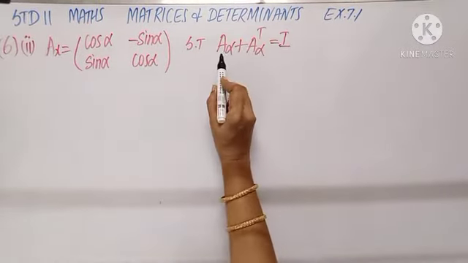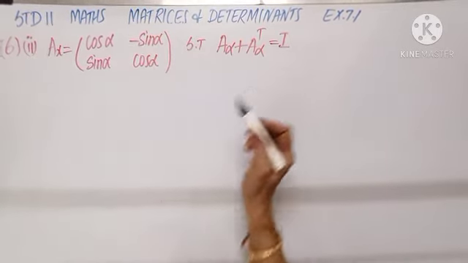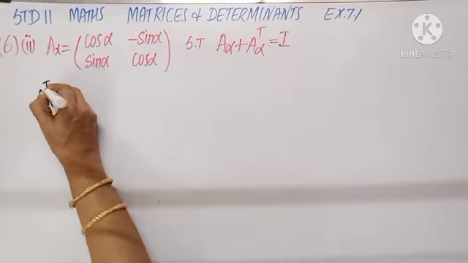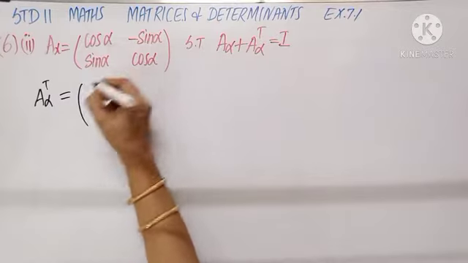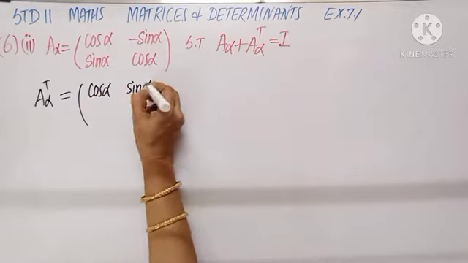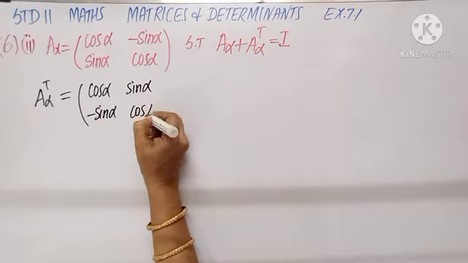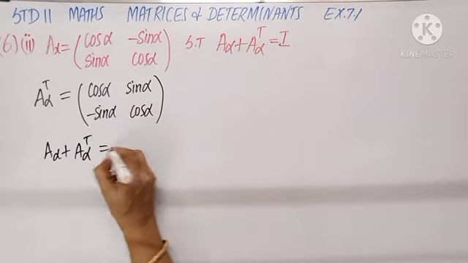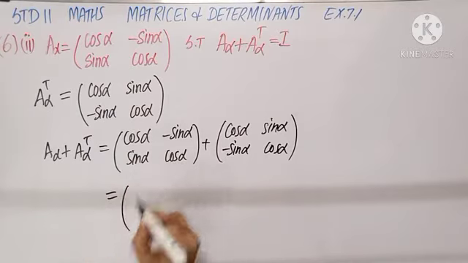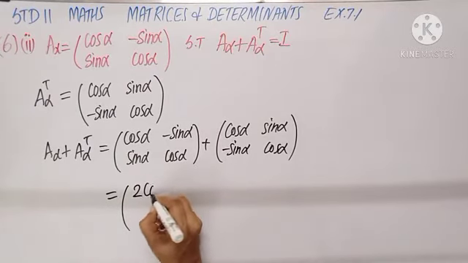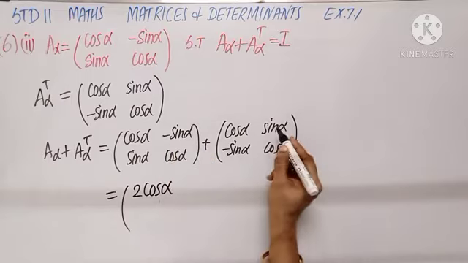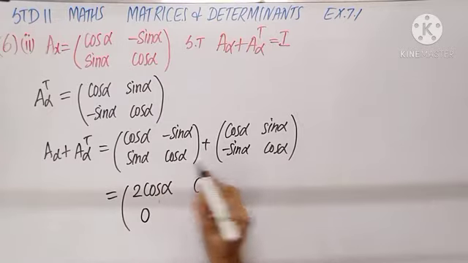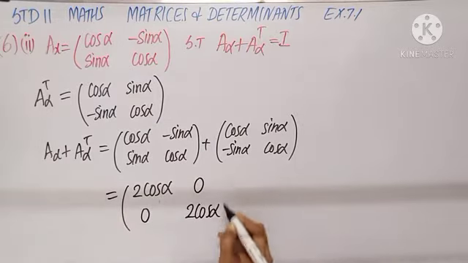Second subdivision: show that A alpha plus A alpha transpose equals I. Let us write A alpha transpose. It is interchanging rows and columns: [cos alpha, sin alpha; minus sin alpha, cos alpha]. As we add, A alpha plus A alpha transpose is cos alpha plus cos alpha, 2 cos alpha; minus sin alpha plus sin alpha, 0; sin alpha minus sin alpha, 0; cos alpha plus cos alpha, 2 cos alpha.